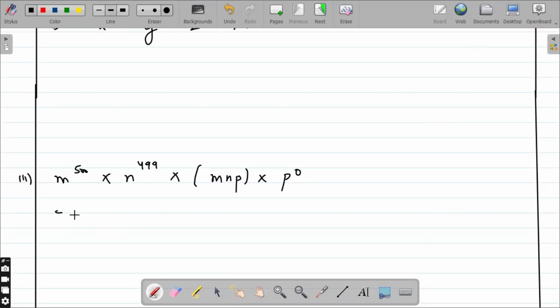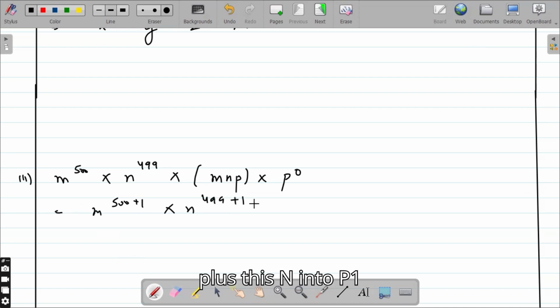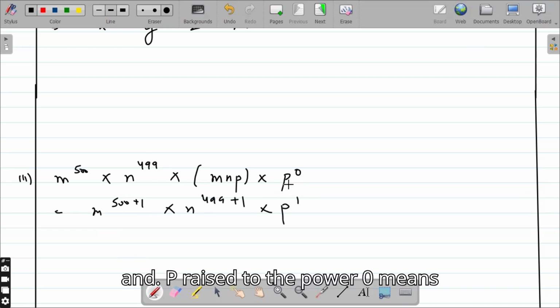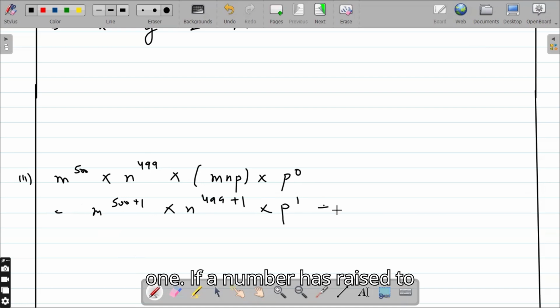Third part. For the third part, it is given as m^(500 plus 1), this one, m into n^499, plus this n into p^1, and p raised to the power 0 means 1.